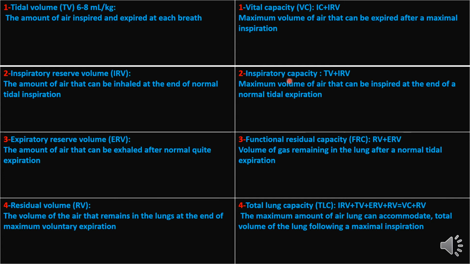The second is inspiratory capacity, which is tidal volume, as you know, at each normal breath when you inspire and expire, that is tidal volume, plus inspiratory reserve volume. That is called the inspiratory capacity.